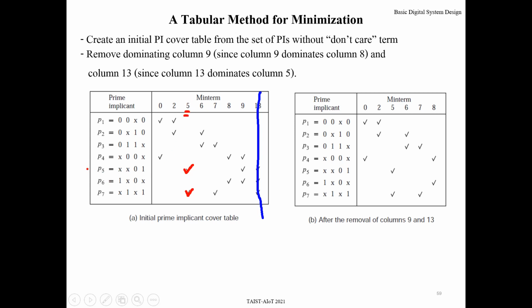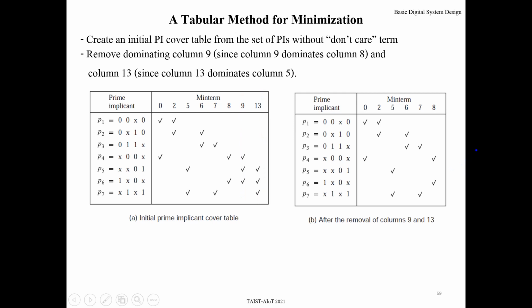That means you must use this prime implicant or this prime implicant. If you select either, it also covers this minterm that was removed previously. So now you can delete this one and this one, and it becomes this table.